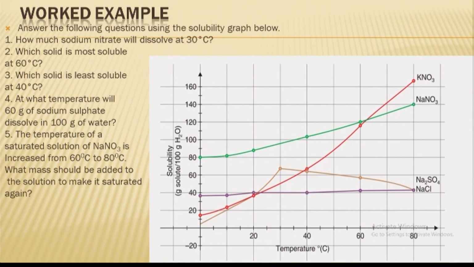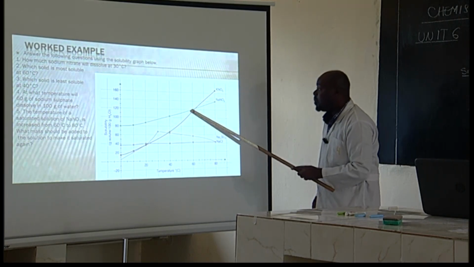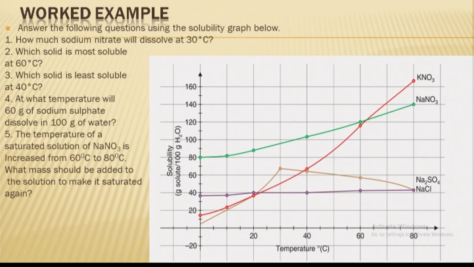So you can see that the one which has the highest value of y at this temperature is sodium nitrate. So the solid which is most soluble at this temperature is sodium nitrate.